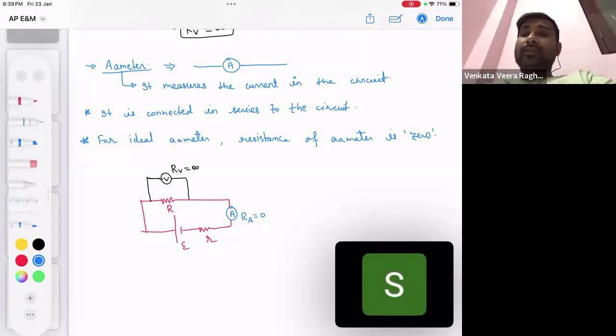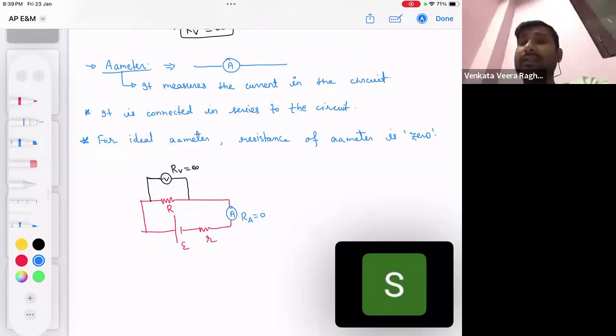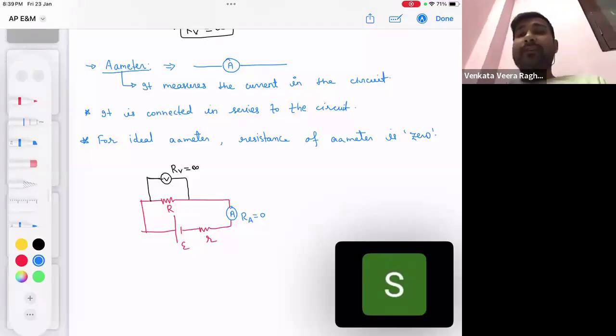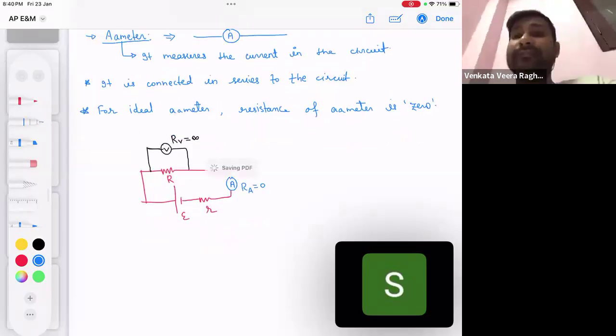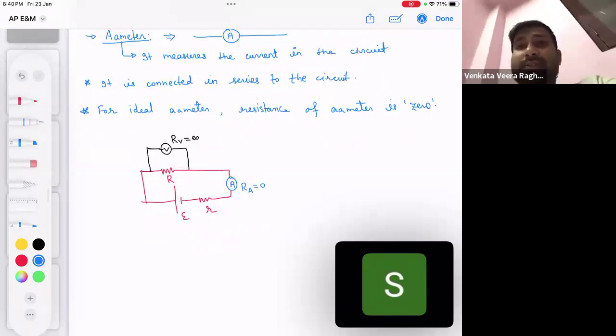So ideal voltmeter and ideal ammeter means resistance is infinity and 0. But if it is non-ideal, then they will provide us the value of resistance.